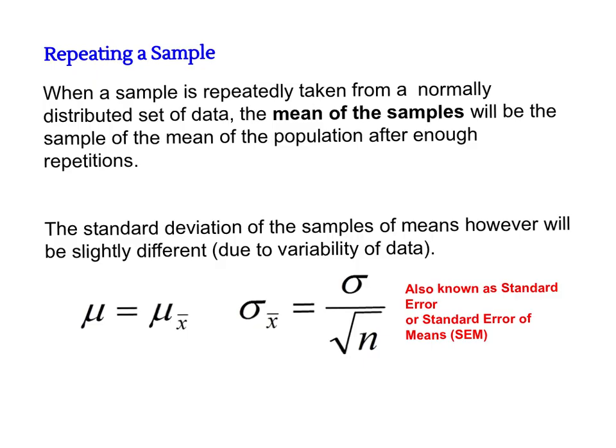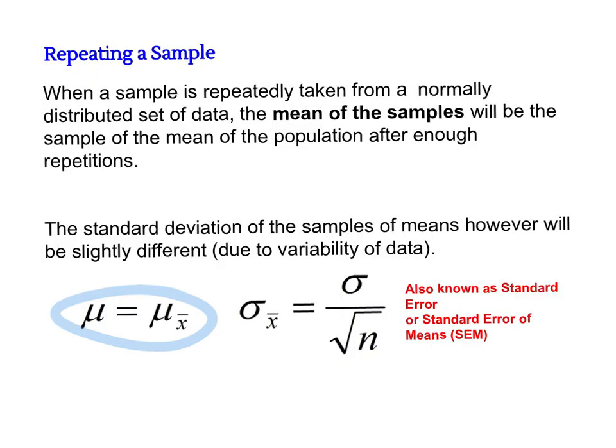So the average of the population with enough repetitions of sampling will become the average of the samples, which is like saying theoretical probability and experimental probability. With enough experiments, your experimental probability will get closer and closer to your theoretical probability. Same idea here with the mean of your samples versus the mean of your population.